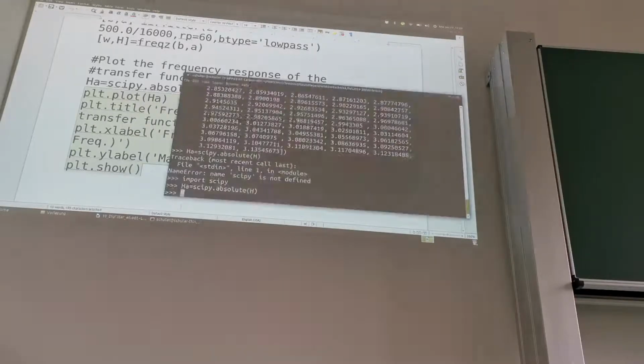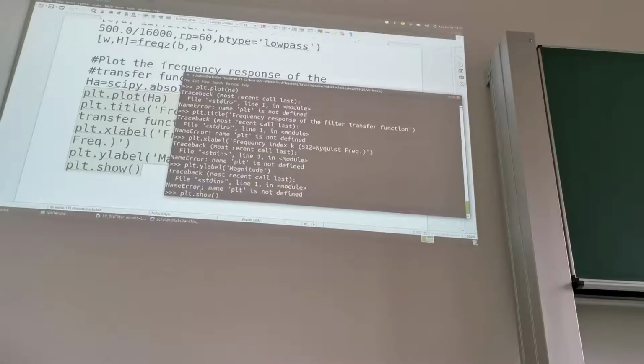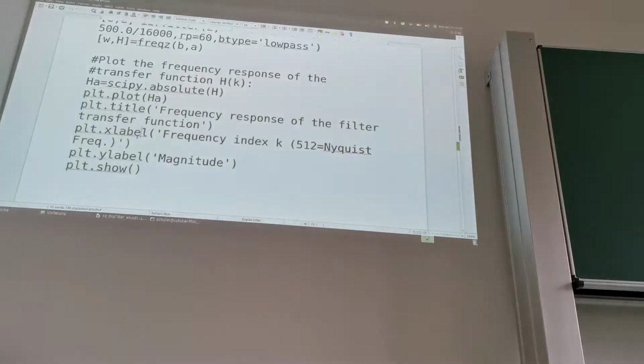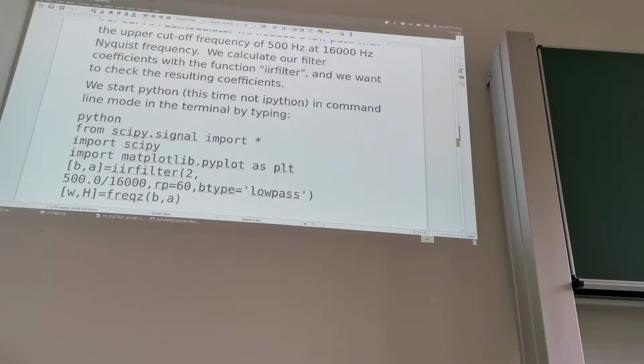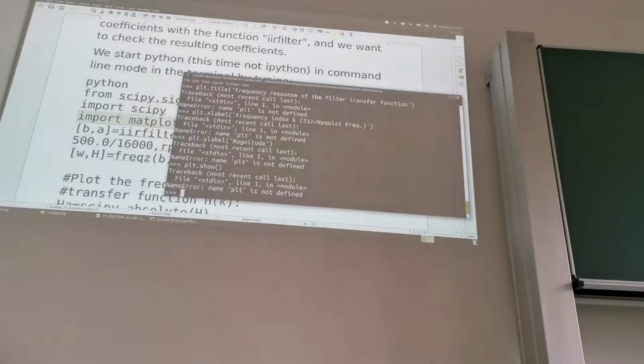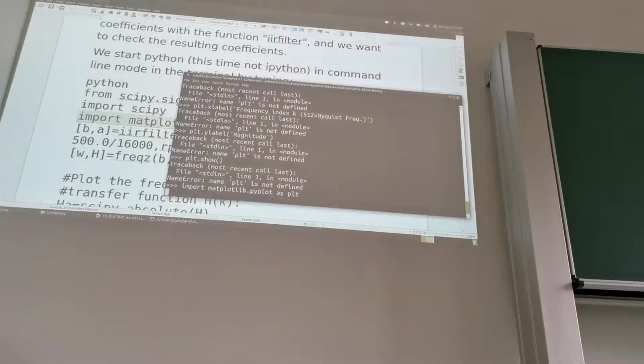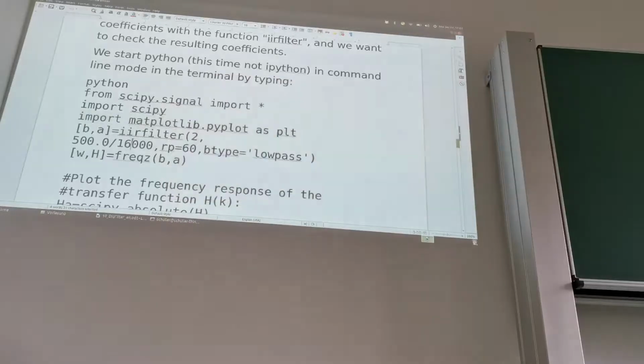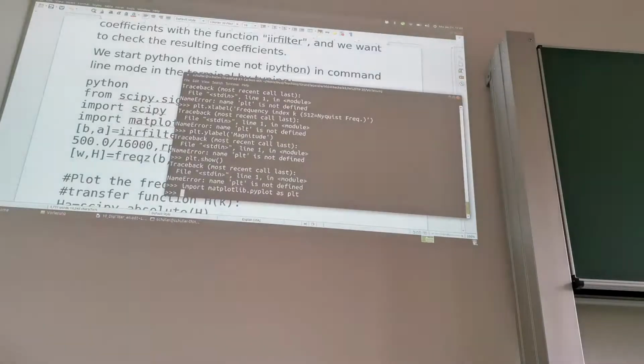Copy, paste. Ooh, interesting. I need to import matplotlib. Copy. First importing matplotlib, and then doing the plotting.